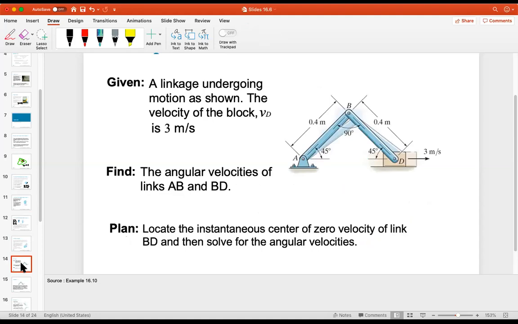This is an example where we can use these techniques to understand the angular velocity of links AB and BD.